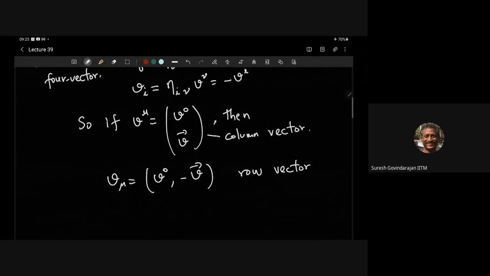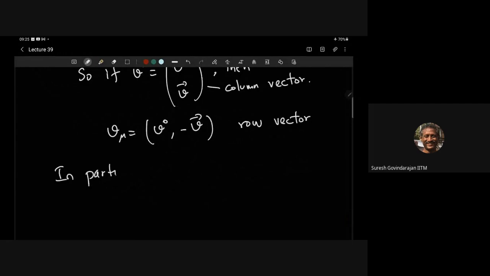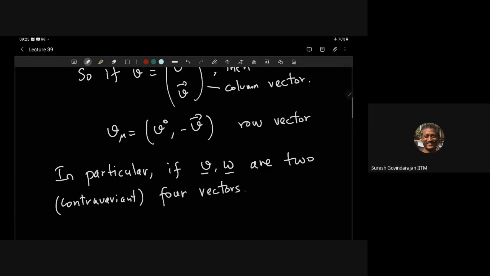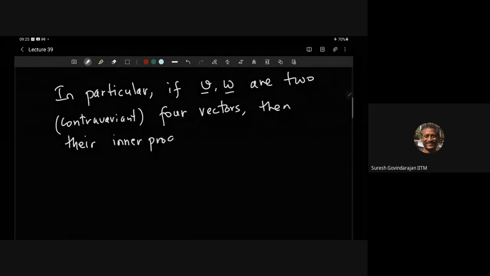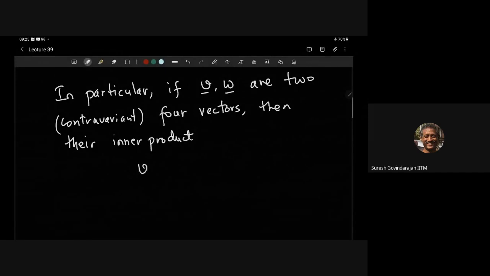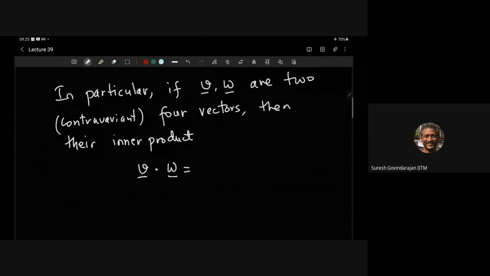In particular, if V and W are two contravariant or 4-vectors, then their inner product or dot product is the Minkowski product, which we can write also as follows.